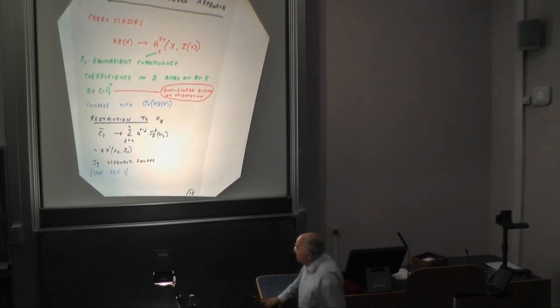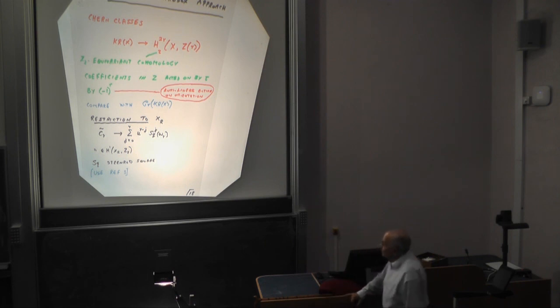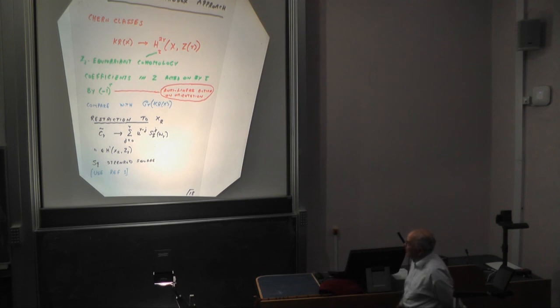And that is that these classes of theirs, if you restrict them to the real points, then besides the Stiefel-Whitney classes, the W's, they actually get, the Stiefel-Whitney classes are real and have half the dimensions of the Chern classes.